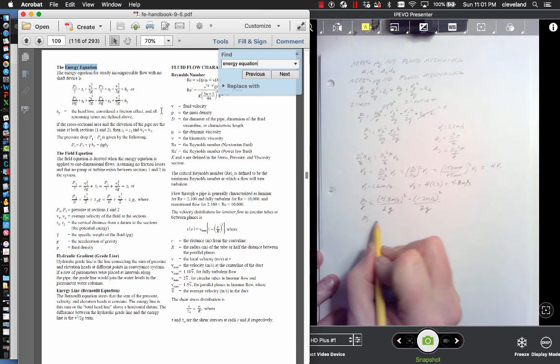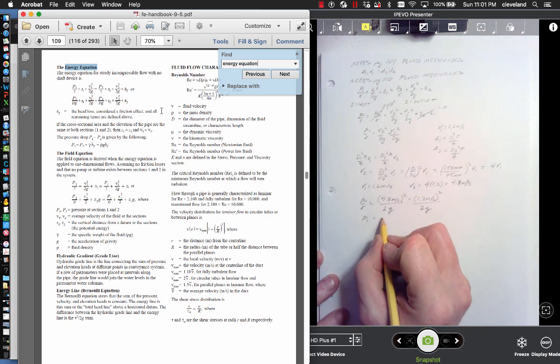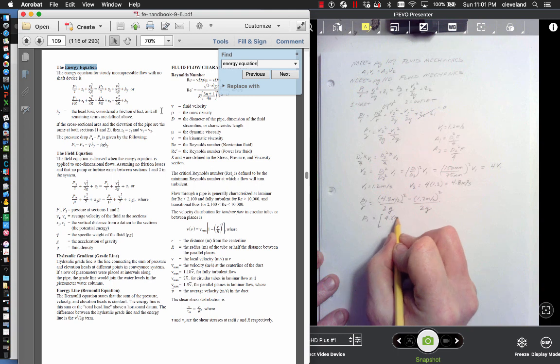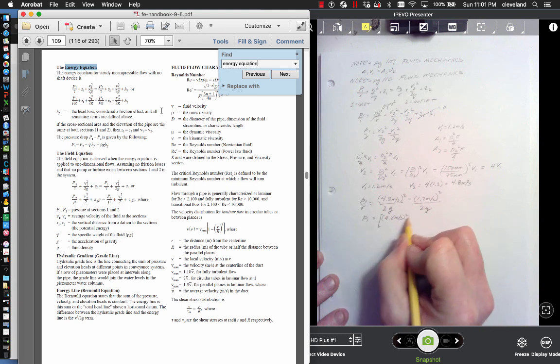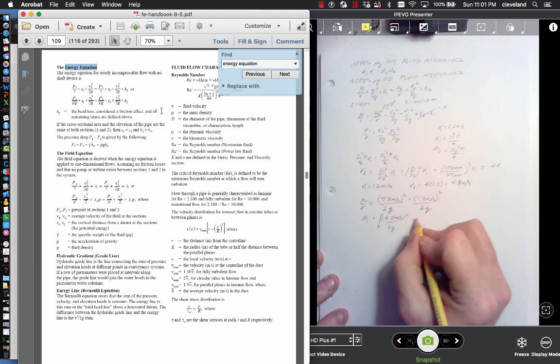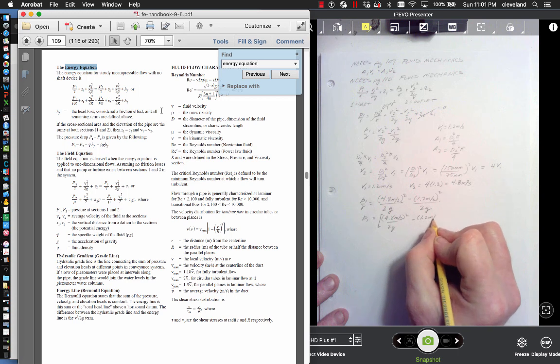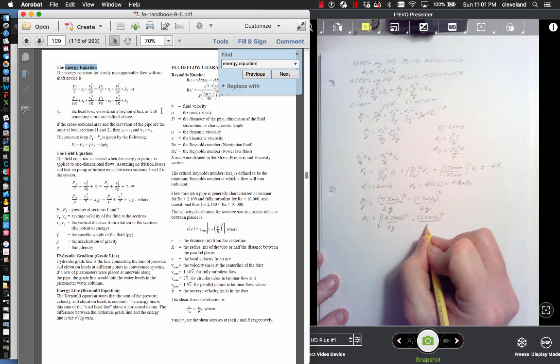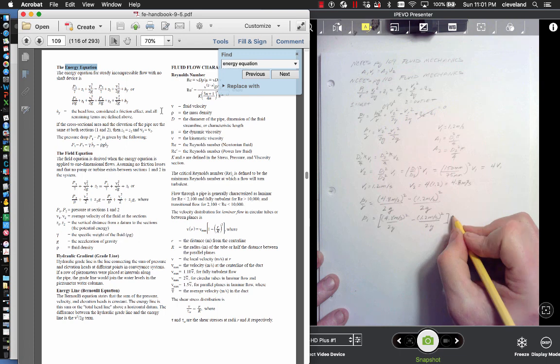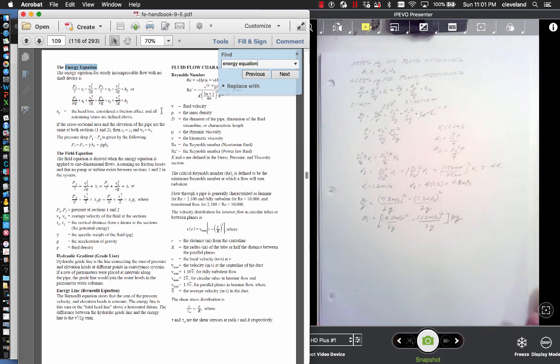So P1 is equal to 4.8 meters per second squared over 2g minus 1.2 meters per second squared over 2g, multiplied by rho g.